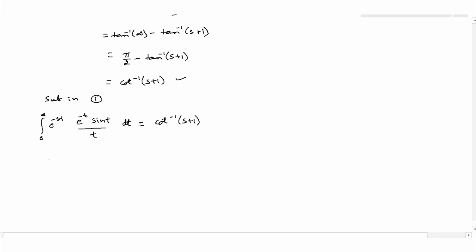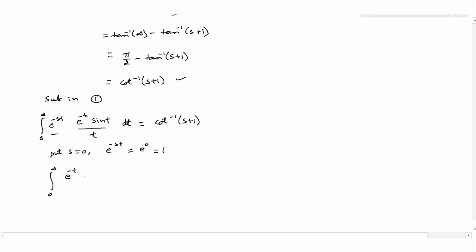Now put the value of s equal to 0, because in the integral we don't have e power. So e to the power minus st will be equal to e to the power 0, which is 1.